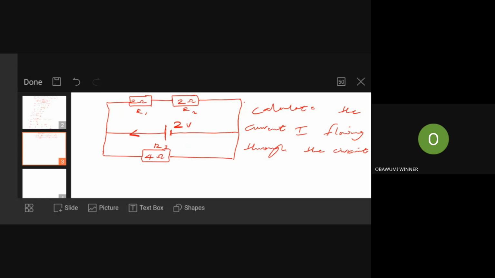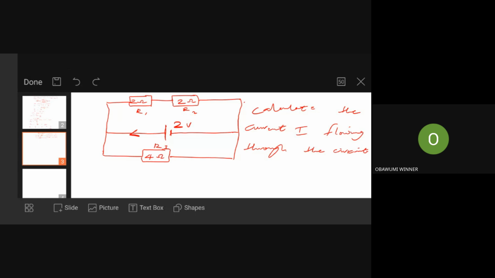But after doing that, you can now see that the sum of R1 and R2 is in parallel with R3. You understand that? So if I get the effective resistance for R1 and R2, whatever I get from there is going to be in parallel with R3, because R3 is actually in parallel with these 2 resistors right here.